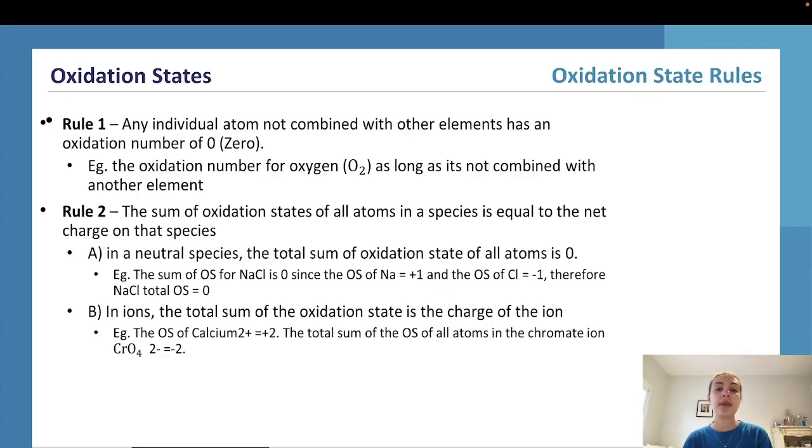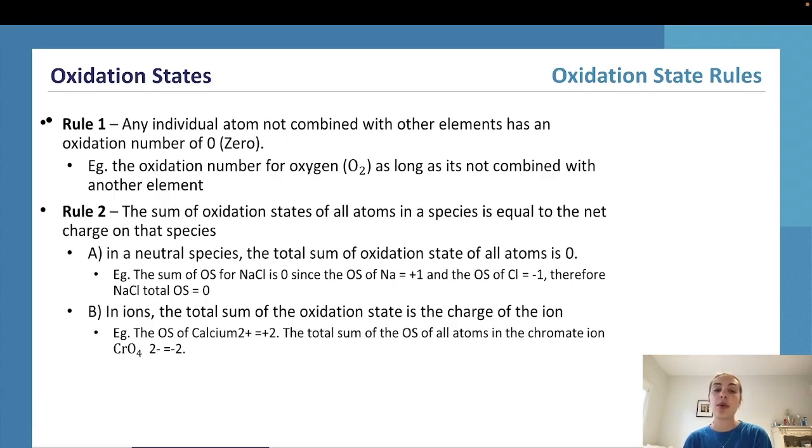However, its individual atoms within that molecule are going to be charged. The total is 0 because the sodium and the chlorine each have a value which adds up to 0.